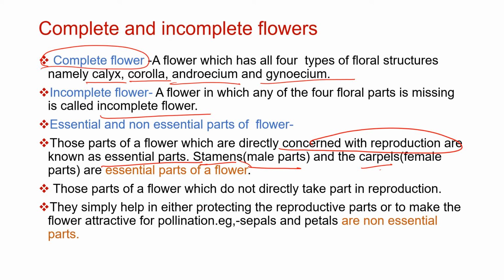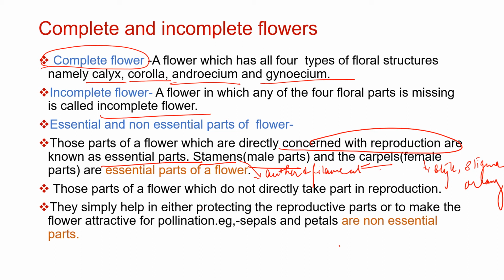So what are the stamens having? They are having anther and filament. If you remember the diagram which I showed you, the carpel, the female part, has the style, stigma and ovary, right?